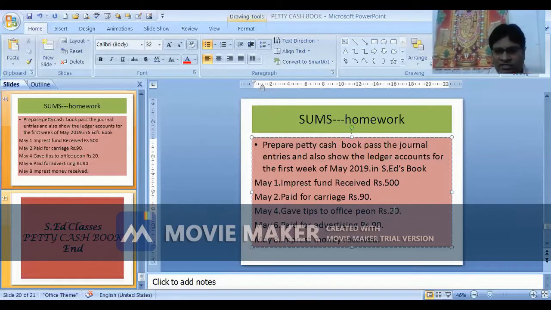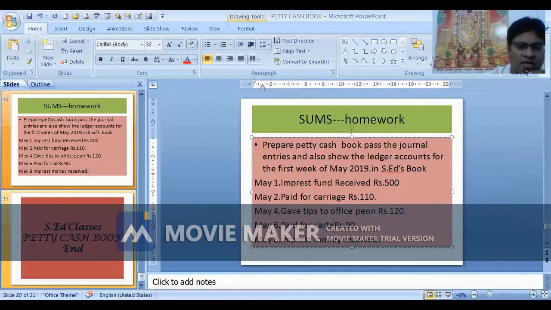In carriage I am changing the carriage value, and IGST also I will change, and office tips changing. Then advertising value I am changing. Instead of advertising I am writing over here cartage. So cartage is changed, and I am giving SGST and CGST 6% each.